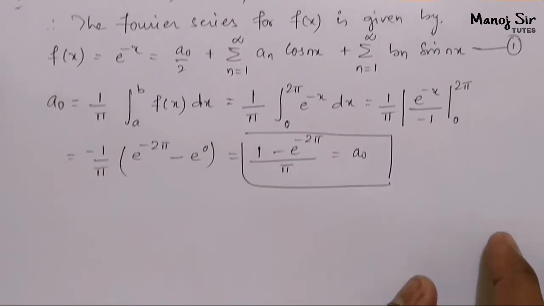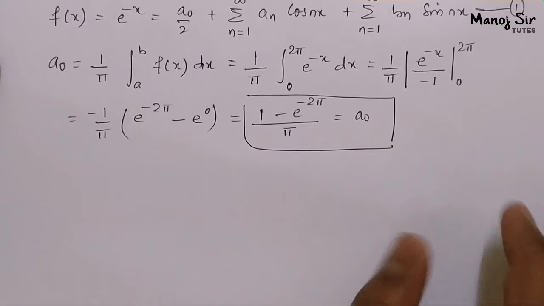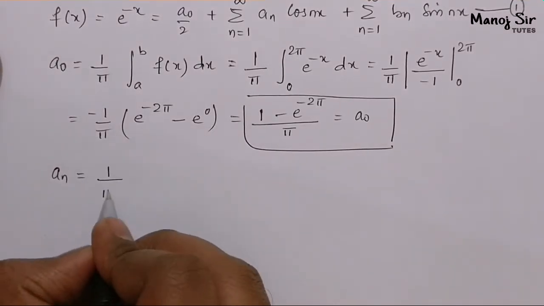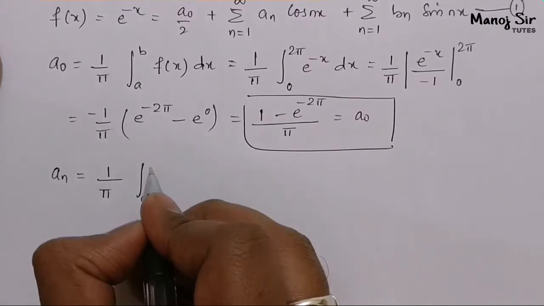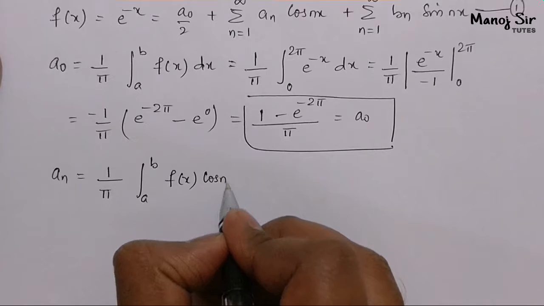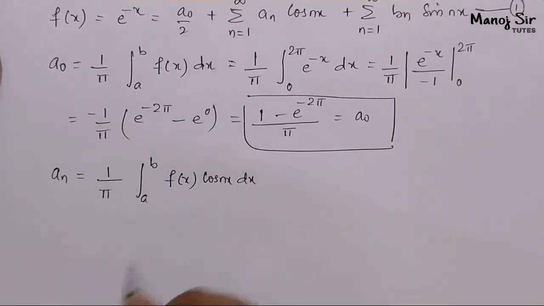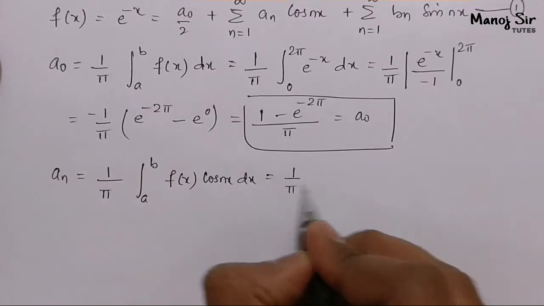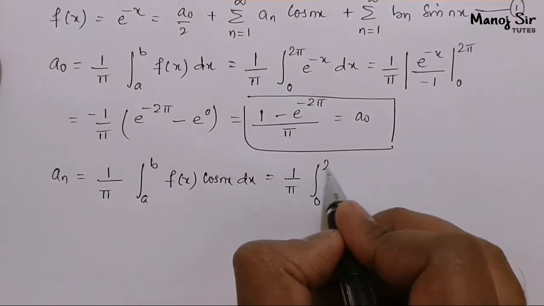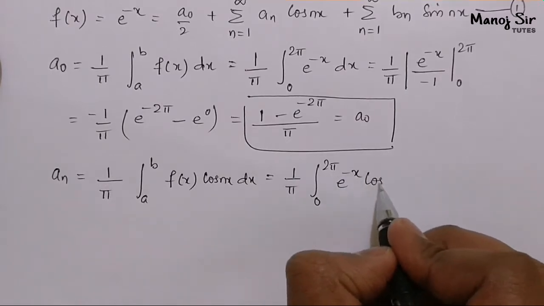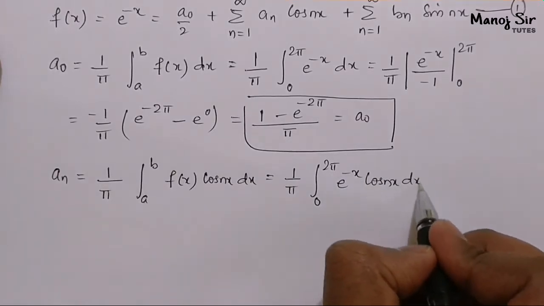Now we will find the value of a n, which is very important. The formula is 1 upon pi integration a to b f of x cos nx dx, that is, 1 upon pi, limit 0 to 2 pi, e to the power minus x cos nx dx.